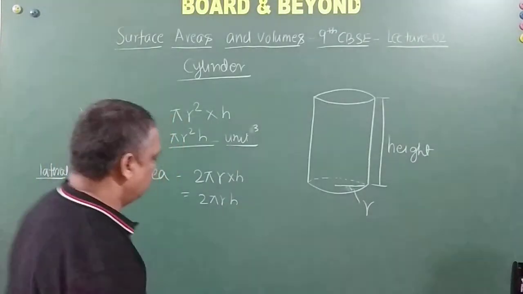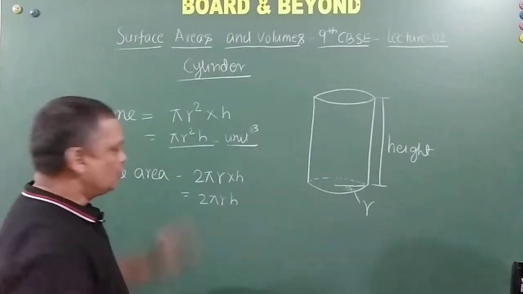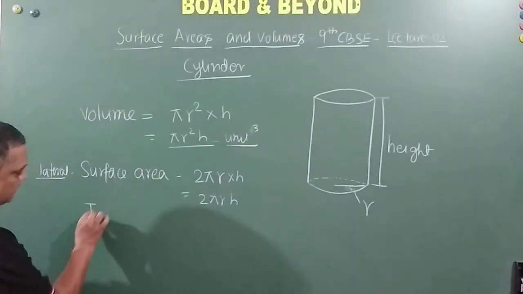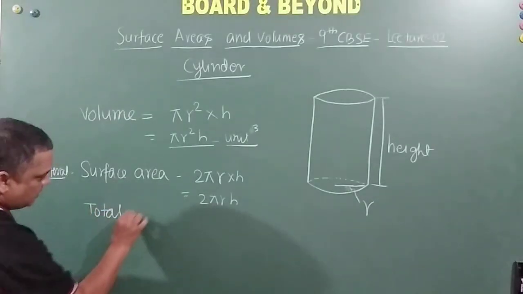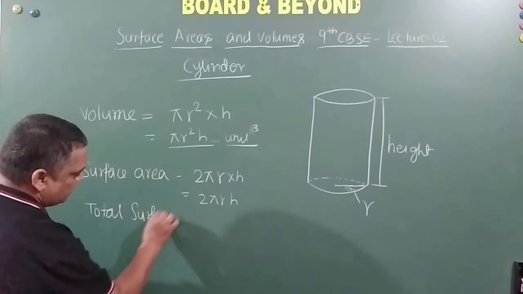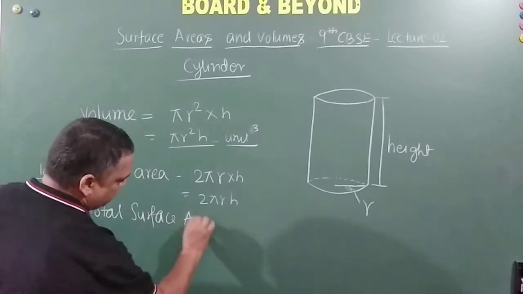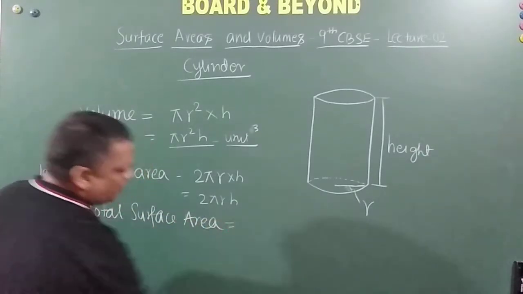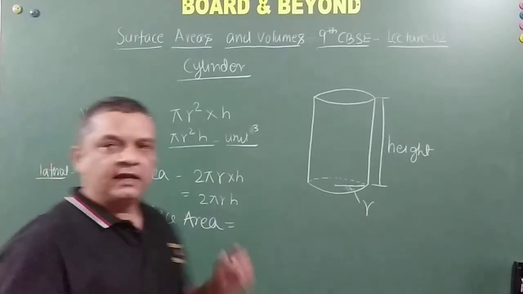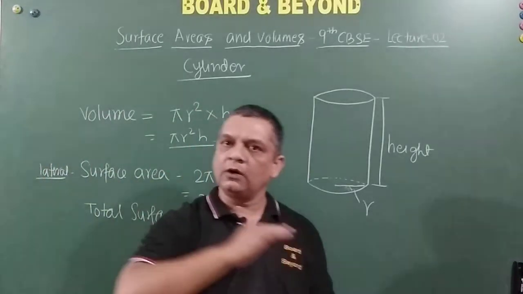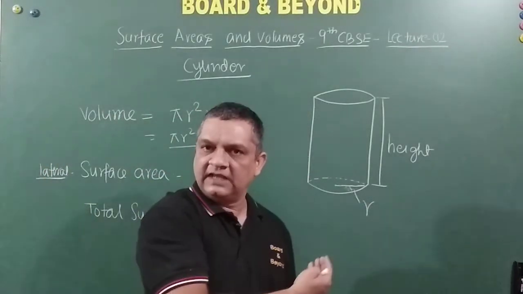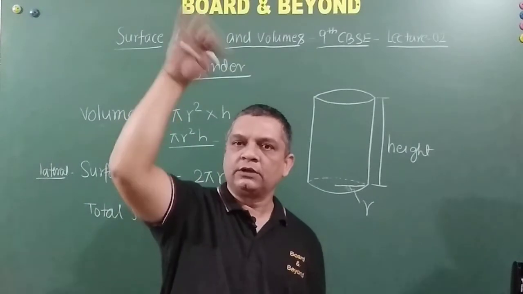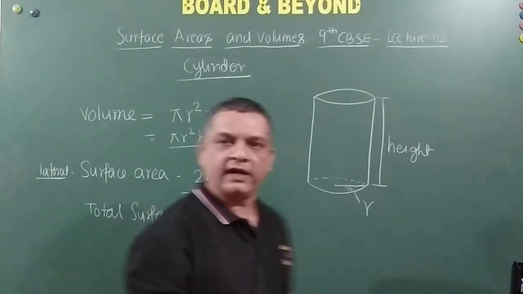Okay. Now coming on to total surface area. Friends, the total surface area is nothing but the lateral surface area or the curved portion of the cylinder plus the top and the bottom, right?